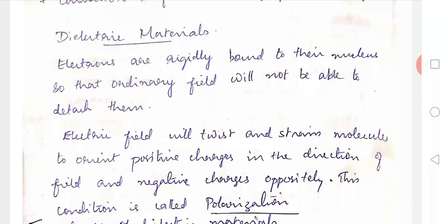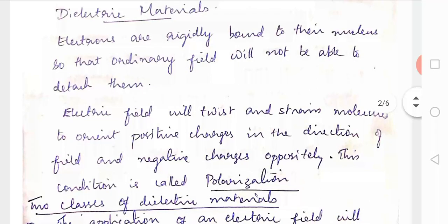In the case of a conductor, they will move with a very weak field. So electrons are rigidly bound to their nucleus, so that an ordinary field will not be able to detach them. This is a dielectric.